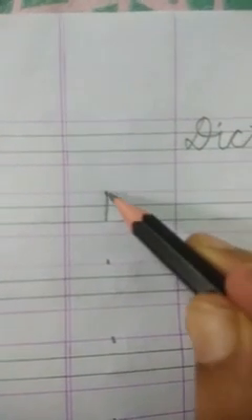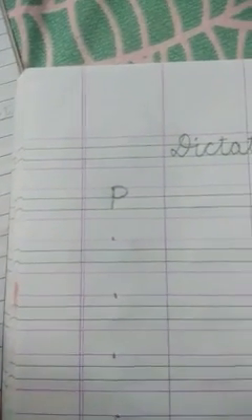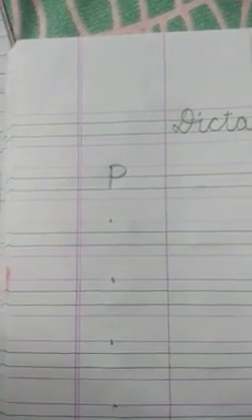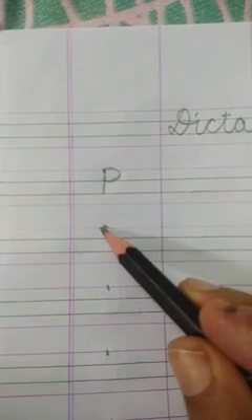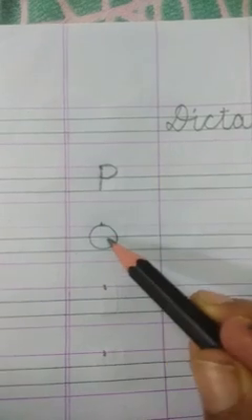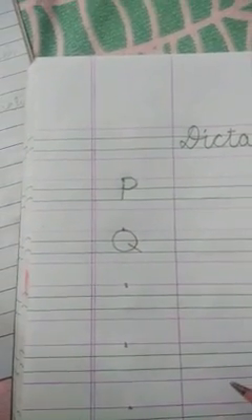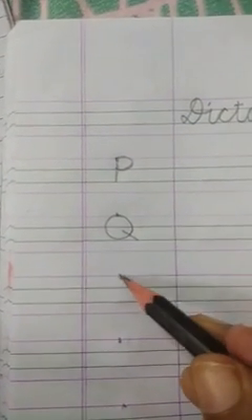You have to write letter P. Okay, then after that mama will speak. Yeah, otherwise you can watch the video for this. Then next letter will be letter Q. Okay, here you will write letter Q. Okay, now our next letter will be letter B. Write here letter B.